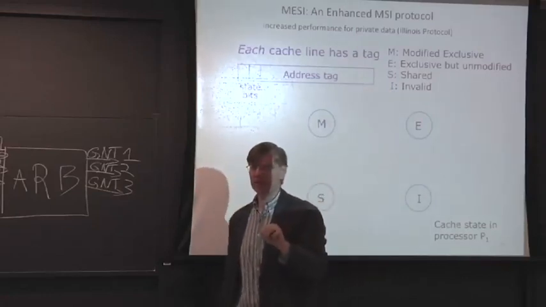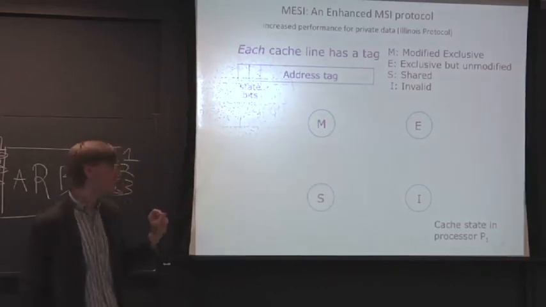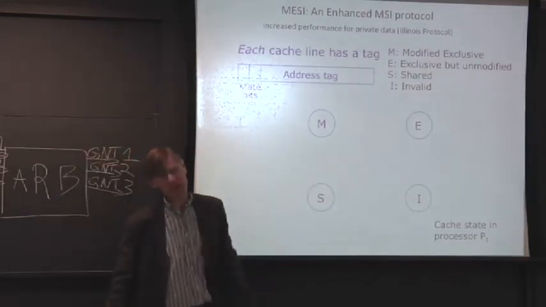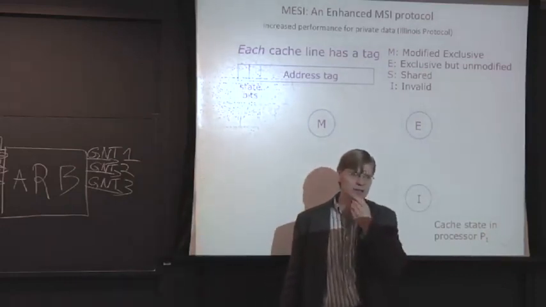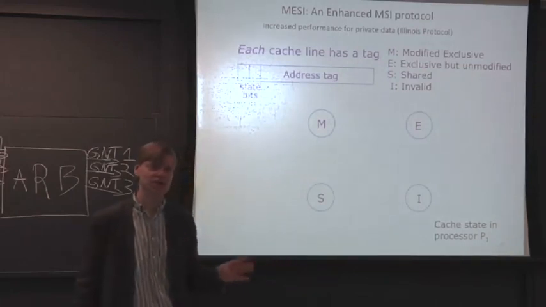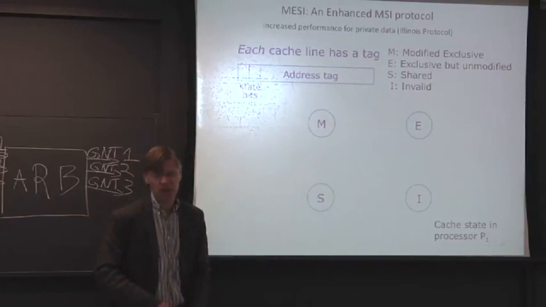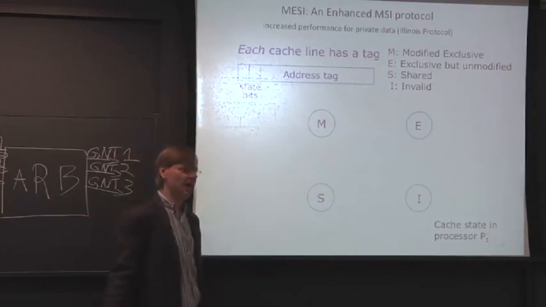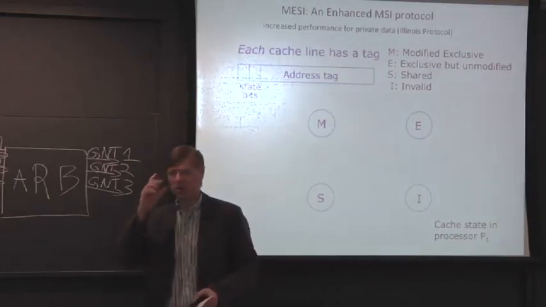Instead of having 3 states, as we saw in the MSI protocol, the insight here was that if we're using 2 state bits to implement 3 states, we have a 4th state we could use. 2 to the 2 is 4. So we could do 4 states instead of 3 for the same number of bits. Now the question is, what states do you want to add? Just because you have 4 states doesn't mean your protocol is going to be better.